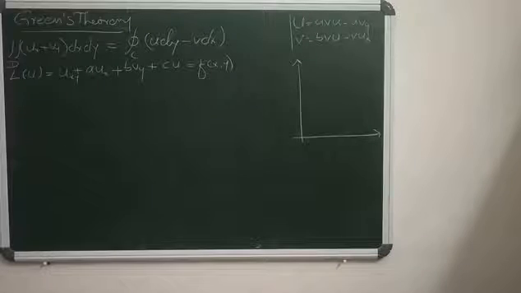So L of u is uxy plus aux plus buy plus cu equals f of x, y.